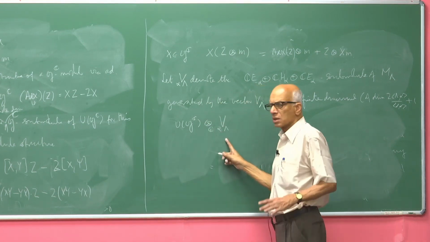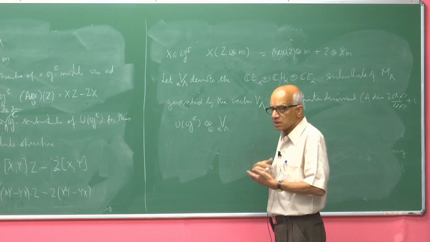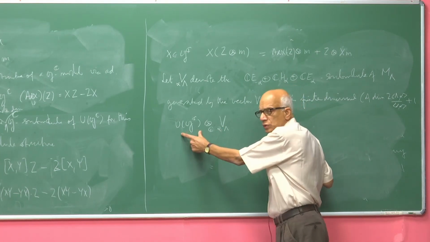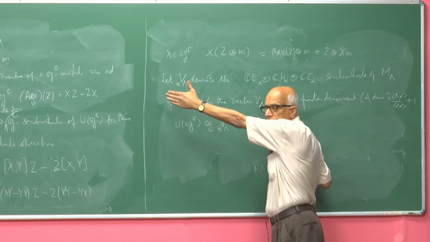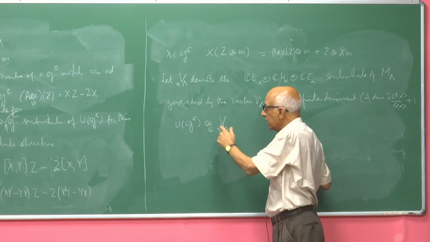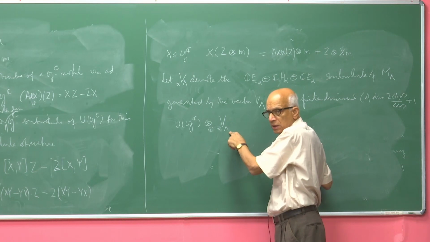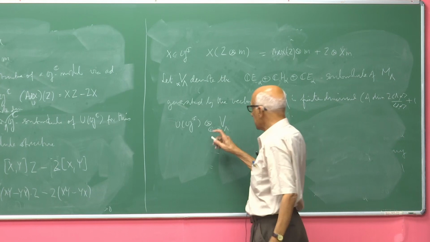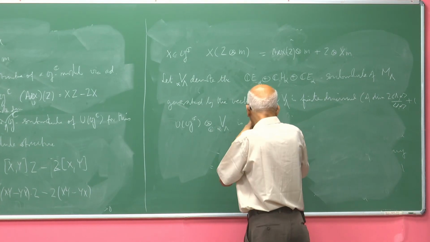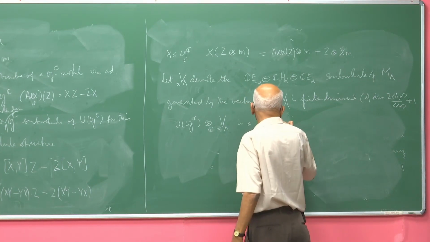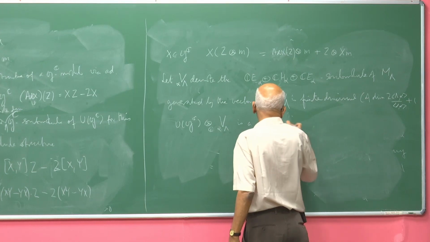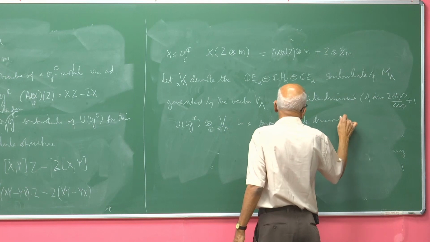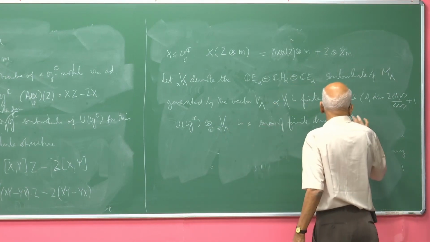This tensor product clearly decomposes into a sum, not a direct sum, of finite dimensional modules, because UGC we have seen decomposes like that into finite dimensional modules, and this is already a finite dimensional module for SL2. So, this is a sum of finite dimensional SL2 modules.